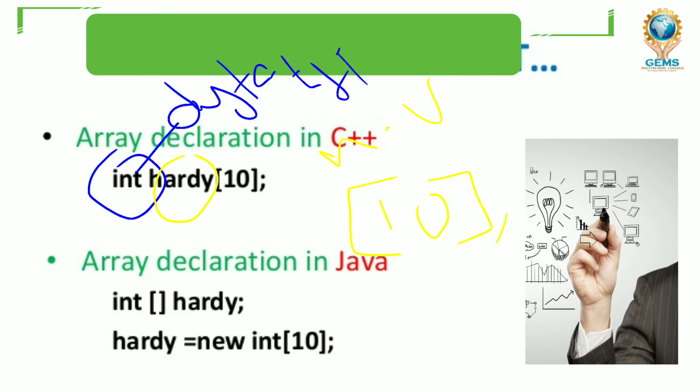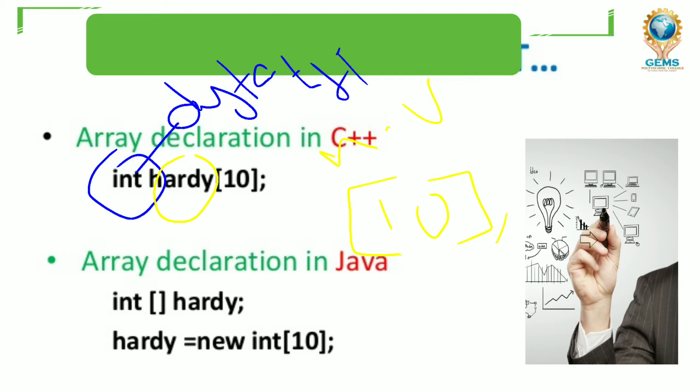The number given inside this bracket will decide the number of elements that can be stored in that particular array. This process is called size fixing. If you mention the number inside the bracket, it means you are fixing the size of the array.